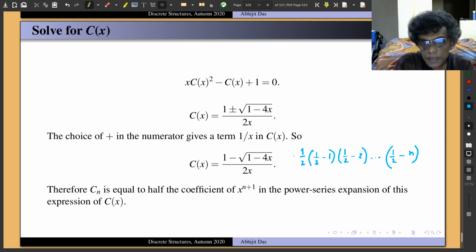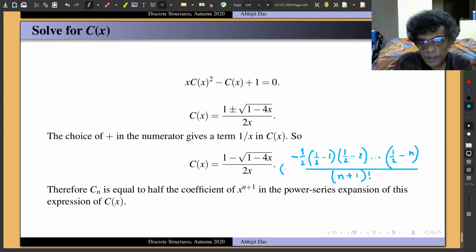From here I get 1 minus, and you will have n plus 1 factorial here. Moreover, this is not x, this is 4x, and this is minus 4.